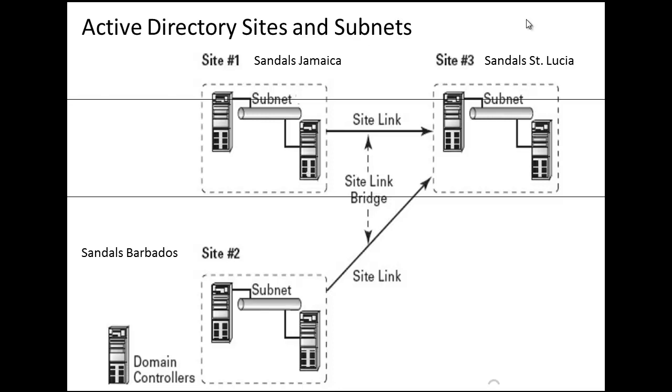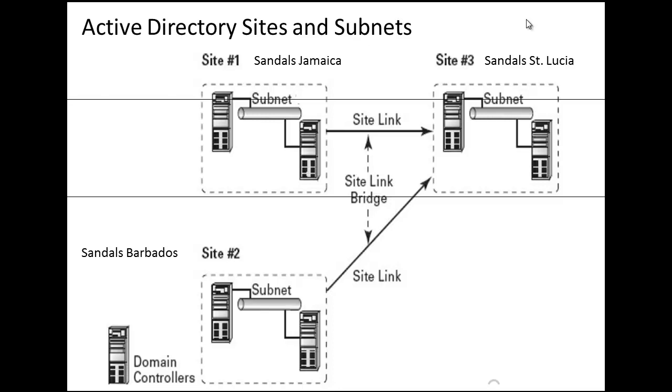Now let's first describe what a site is. A site is an object that you can create within the Active Directory Sites and Services tools located in Server Manager. When you create the site, you want to give the site a name.